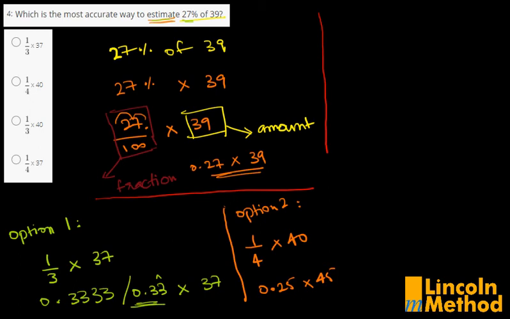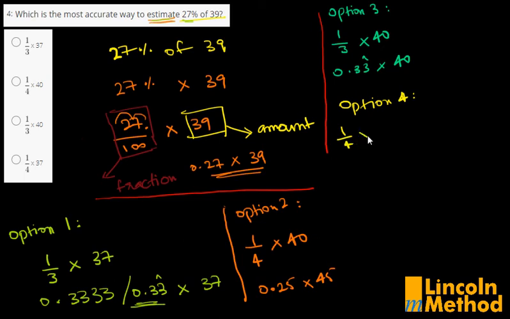Now let's move on to the third option. So option number 3 then is 1 over 3 multiplied by 40. Again, 0.33, it's a recurring decimal, multiplied by 40, and the last one is option number 4, which is 1 over 4 multiplied by 37, and 0.25 multiplied by 37.